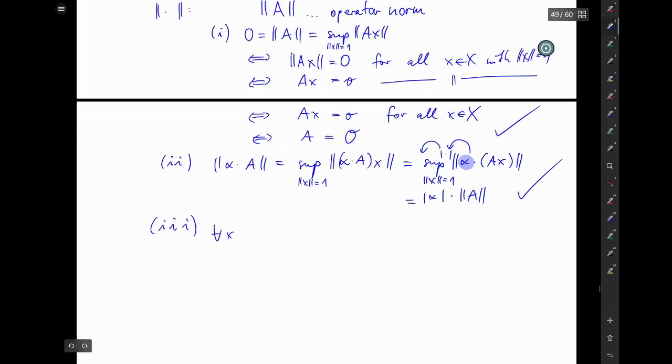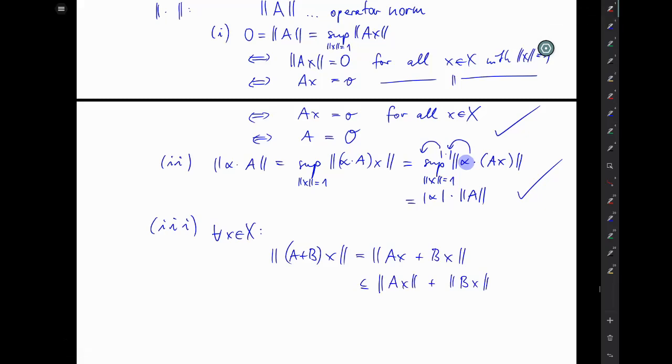For norm property 3, the triangle inequality, let's start with the triangle inequality in Y. So for every x in X, we know that the norm of (A plus B) applied to x, which is of course the norm of Ax plus Bx, can be split by triangle inequality in Y into norm of Ax plus norm of Bx, and you get inequality in this direction.